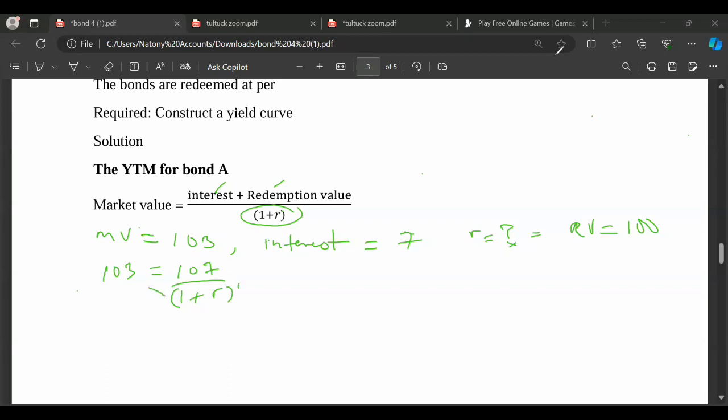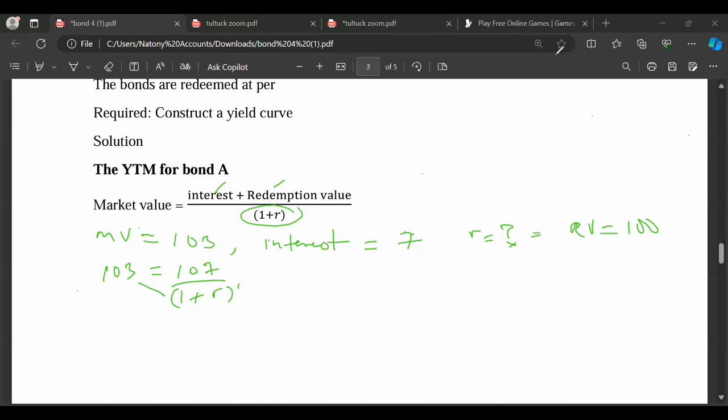Now, cross multiply. This becomes 103 equals 107 all over 1 plus R. Let me take this again.